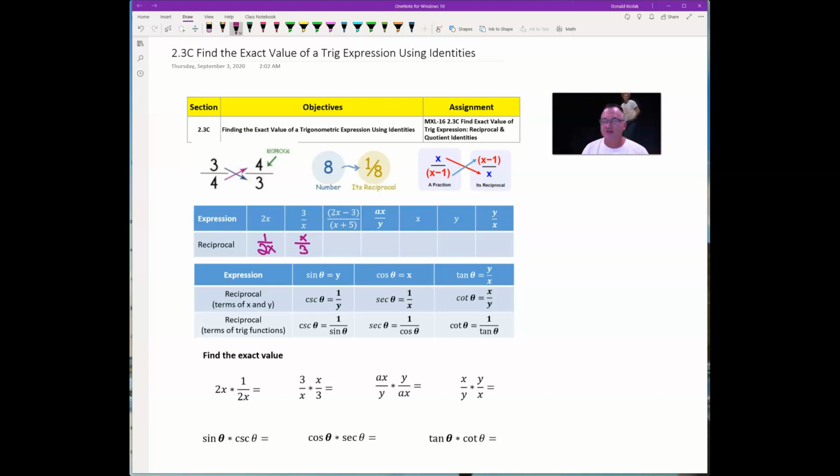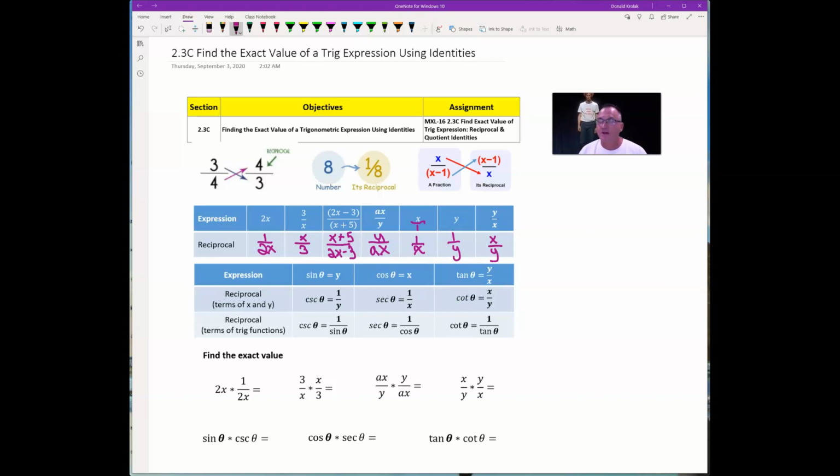Same with this expression right here. Again, reverse the numerator and denominator. Now this x I can turn into a fraction by just putting it over 1, so it's 1 over x. And for the same reason, this would be 1 over y, and this would be x over y.